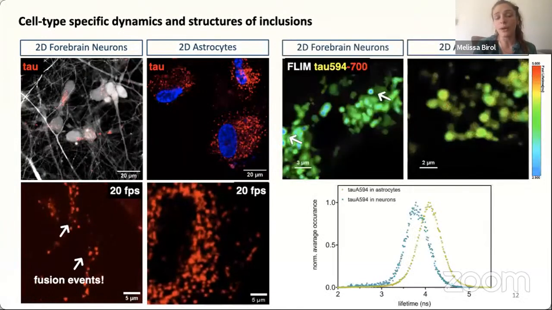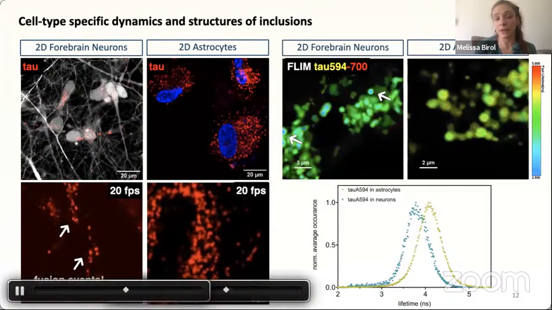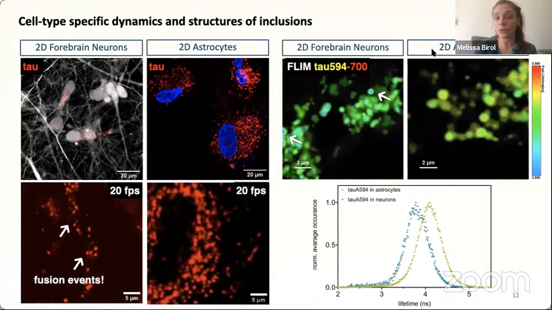And also, if we look at it by the use of FLIM, I'm using a FRET-labeled tau protein in this case, where we can see that in neurons compared to astrocytes, this same construct has a different conformation. So there is a very cell-specific nature of this.